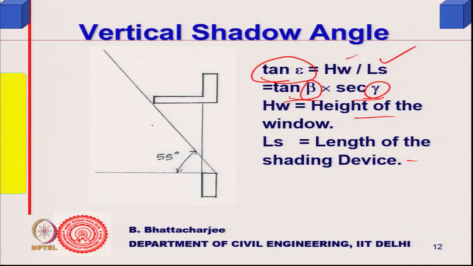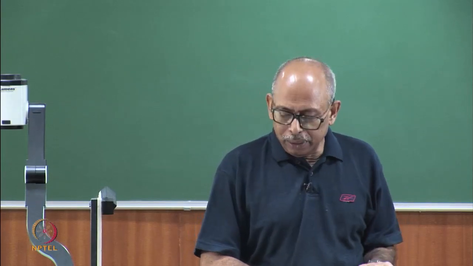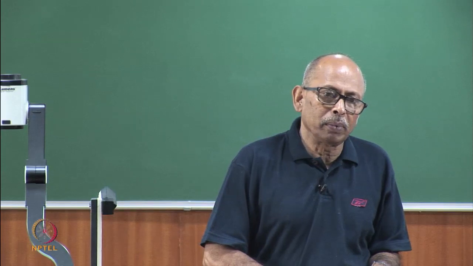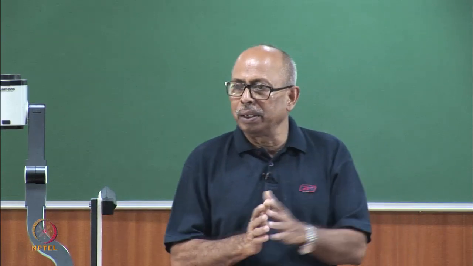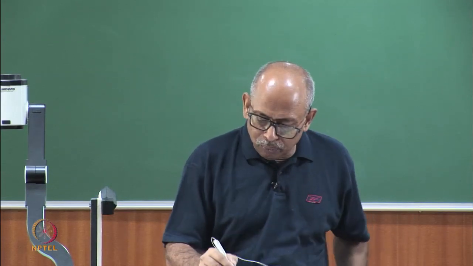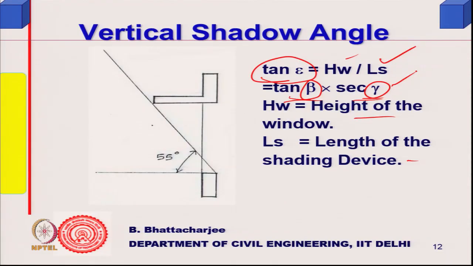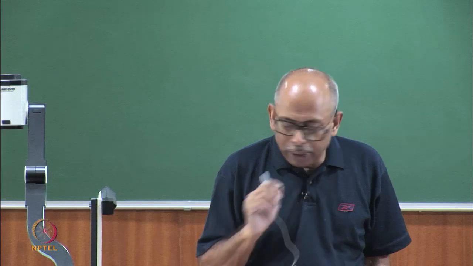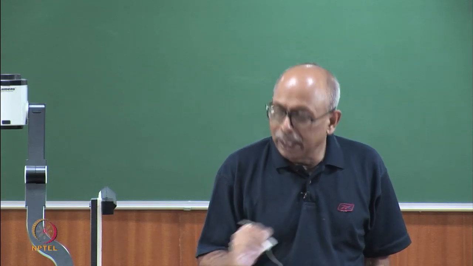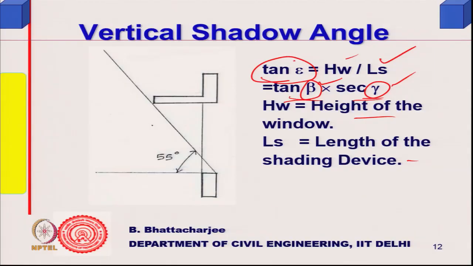So, you know the time at which you want to block it, and at any time you will be able to find first of all the wall solar azimuth and the altitude angle of the sun. So, what is the LS required to block the sun at that point of time, you can find out, because tan epsilon you can find.